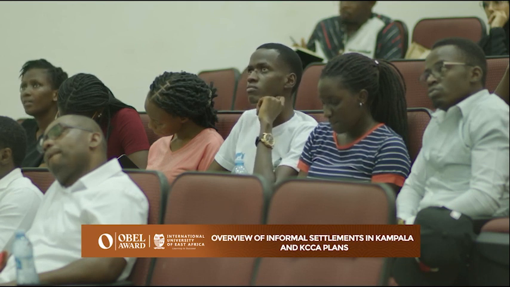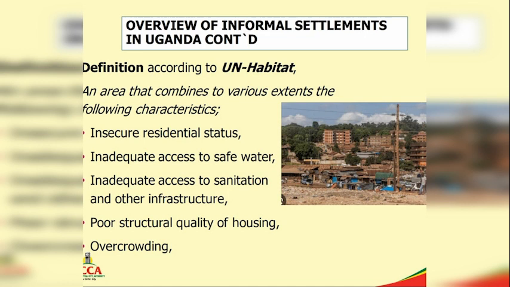Now, UN Habitat has also given us a definition that the government of Uganda has adopted in some of the papers that have been written, the policies that manage informal settlements. And that's the definition I want to put across.